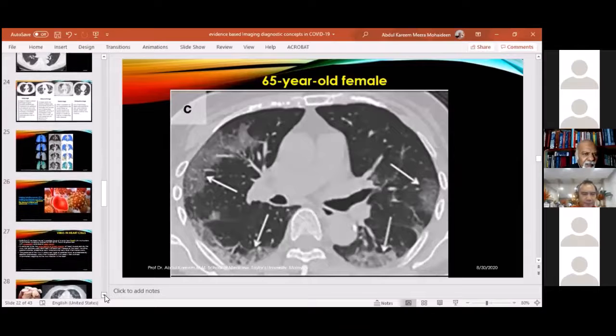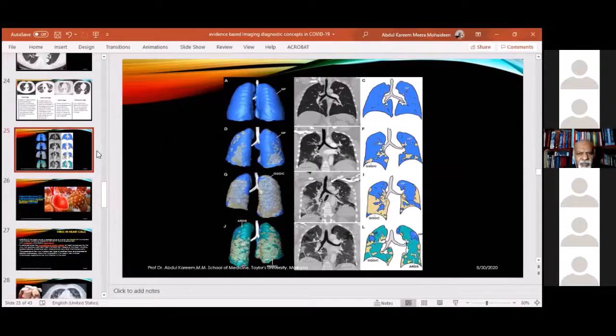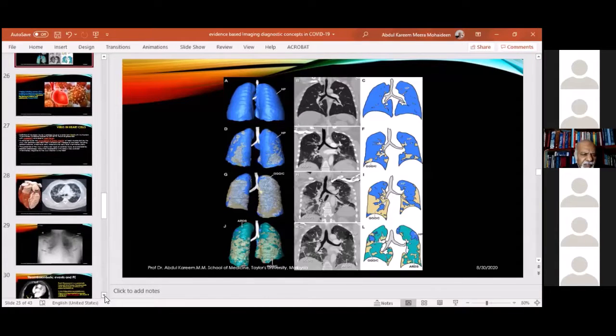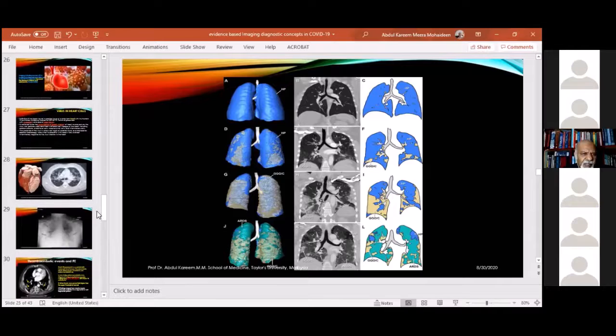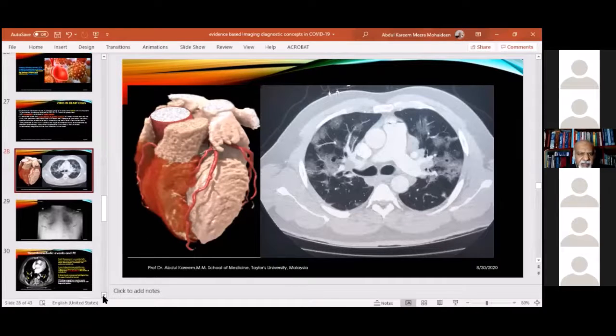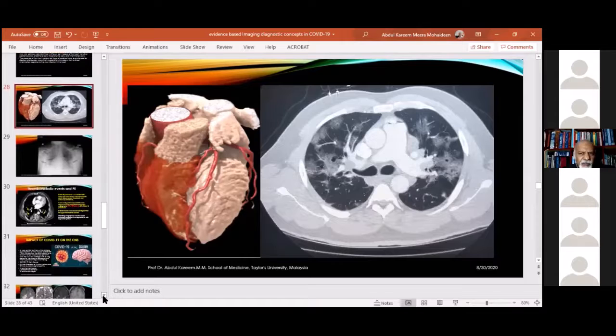So there may be a lot of damage to the lung, and by 3D method, you can demonstrate the damage of the lungs. It not only affects the lung, just now the presenters told that it can affect the heart, and coronary vessels also can be affected, and it may lead to myocardial infarction.